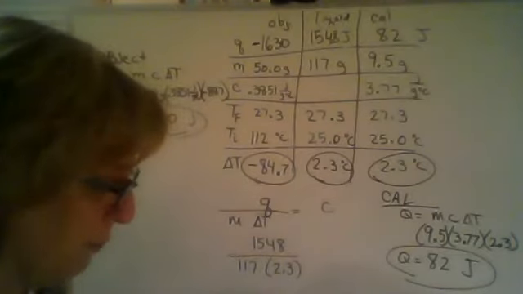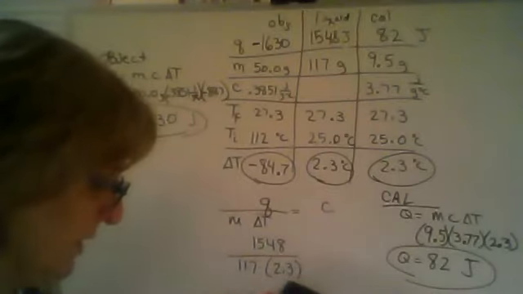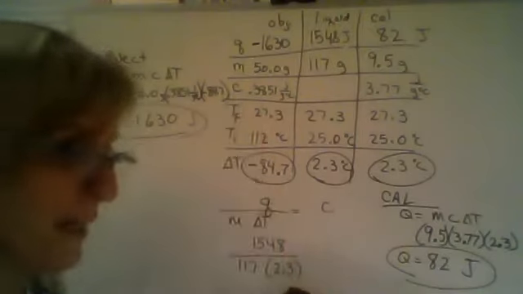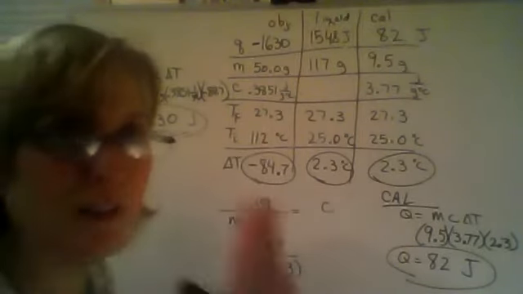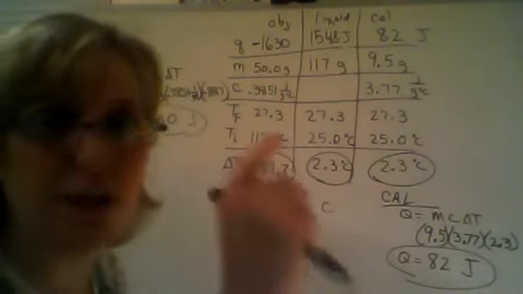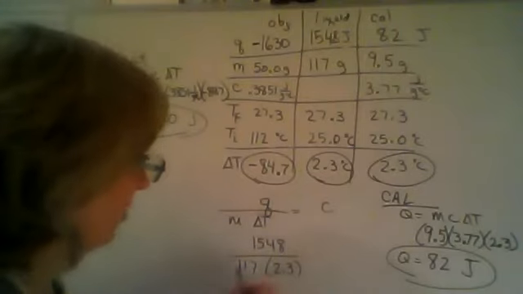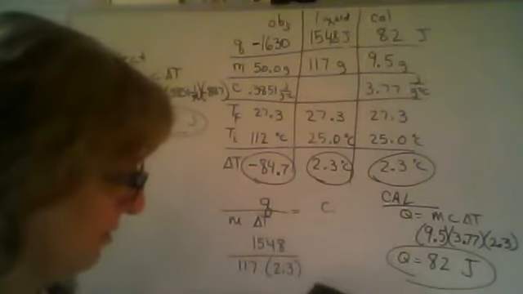1548 divided by left parentheses 117 times 2.3 right parentheses equals. You have to always hit that equals at the end. If you just stop after you say 2.3 right, it's just giving you this number. When you hit the equals, it does the division. Okay.